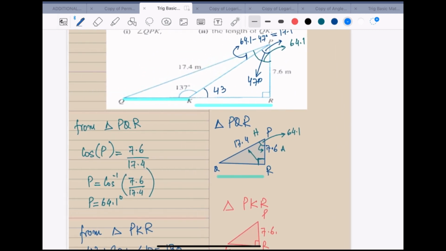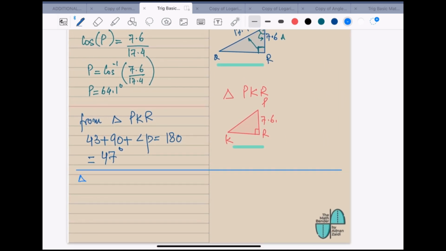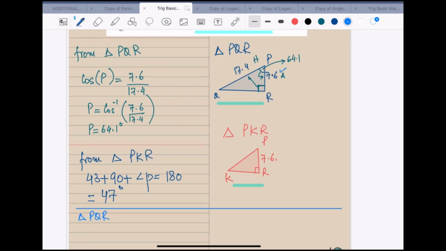So for part B, from triangle PQR, I have two sides given, and I have to find the third side.